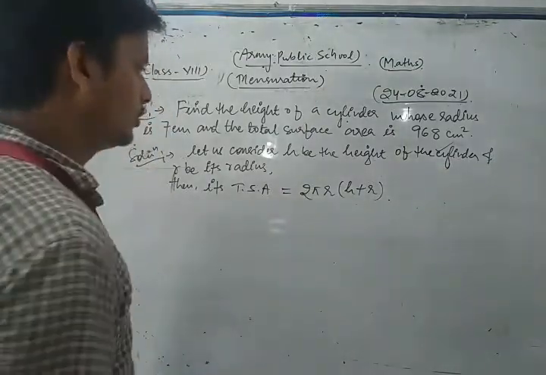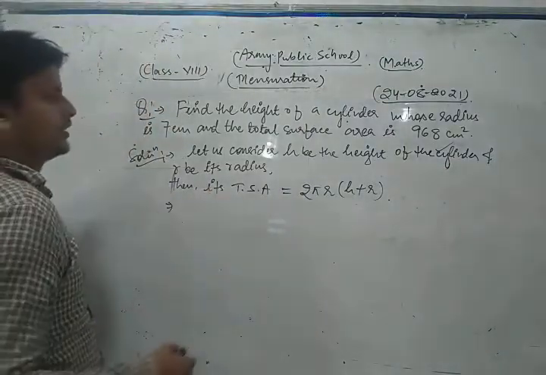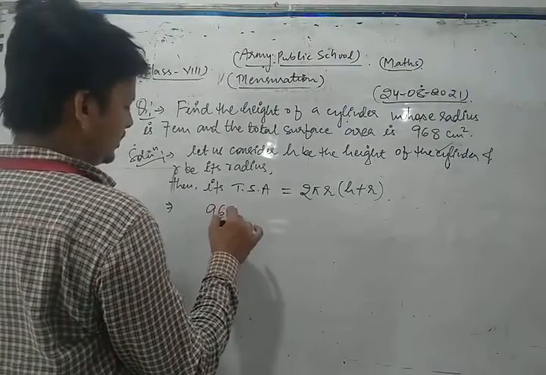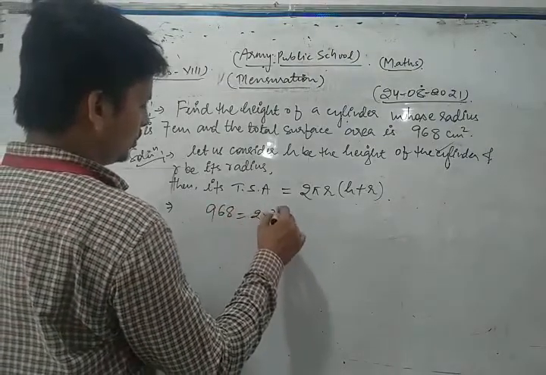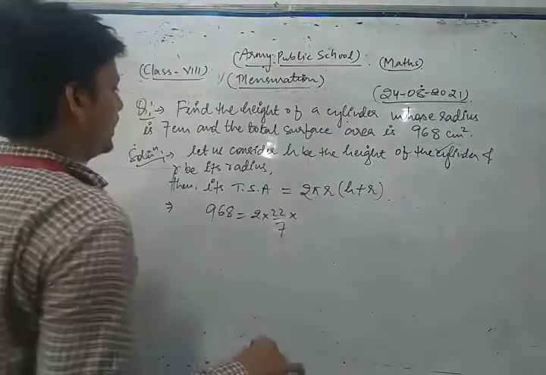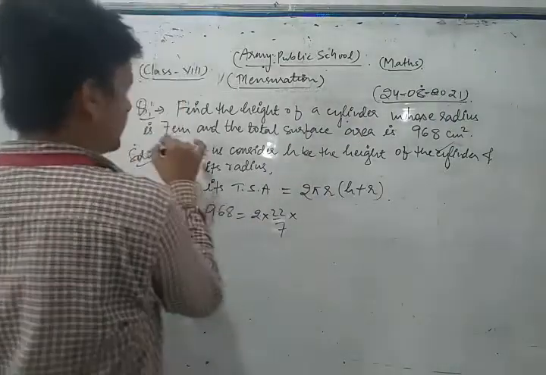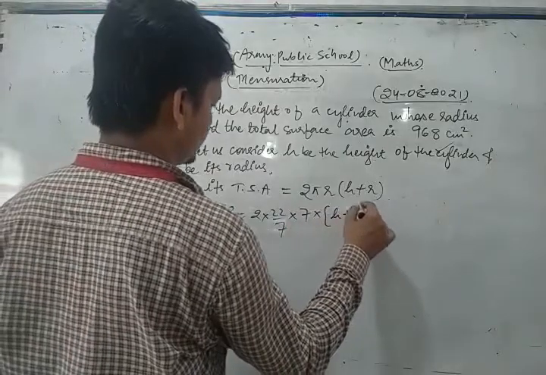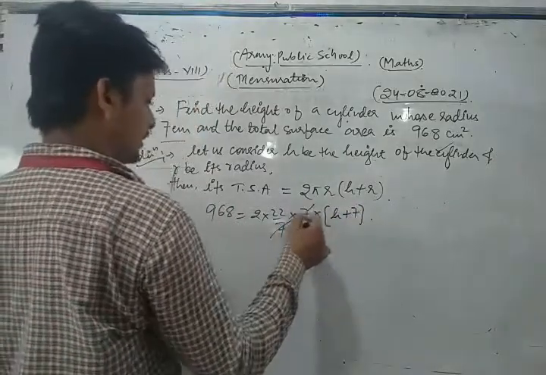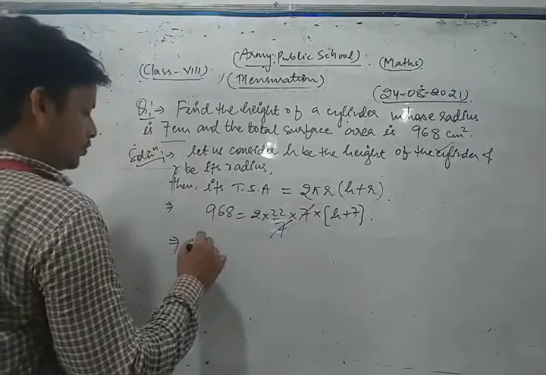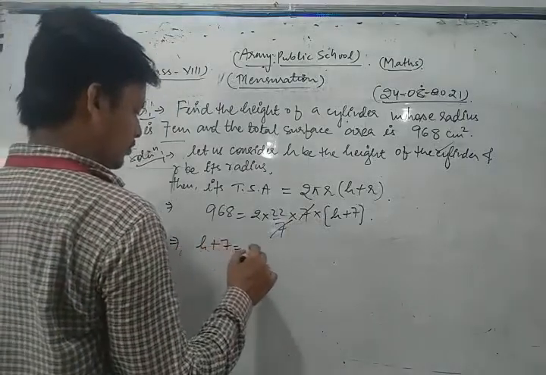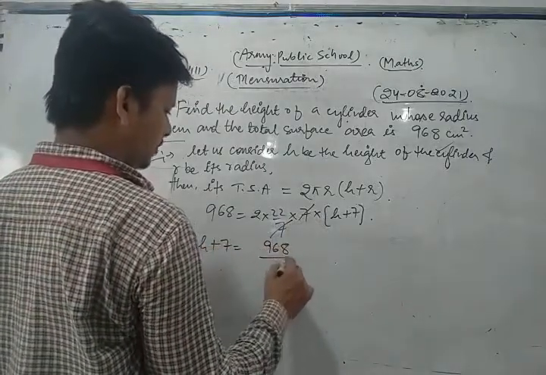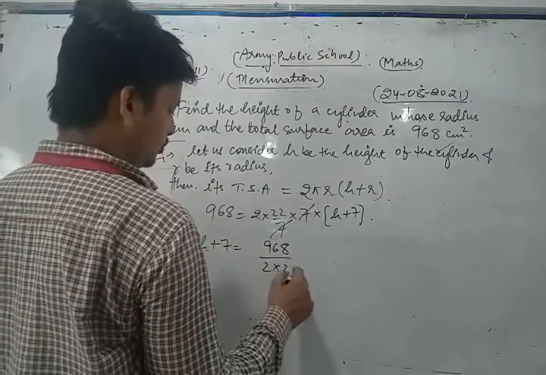Now we put all the values. Look, the total surface area is given as 968, which is equal to 2 into 22 upon 7 into the radius, which is 7 centimeter, into (h plus 7). Now we simplify. The 7s cancel each other. So h plus 7 is equal to 968 upon 2 into 22.